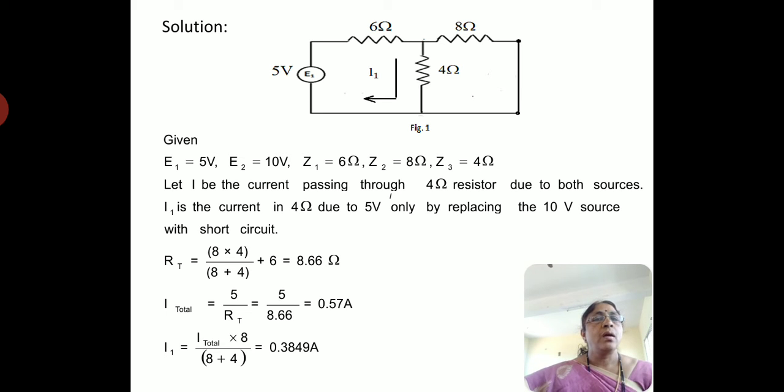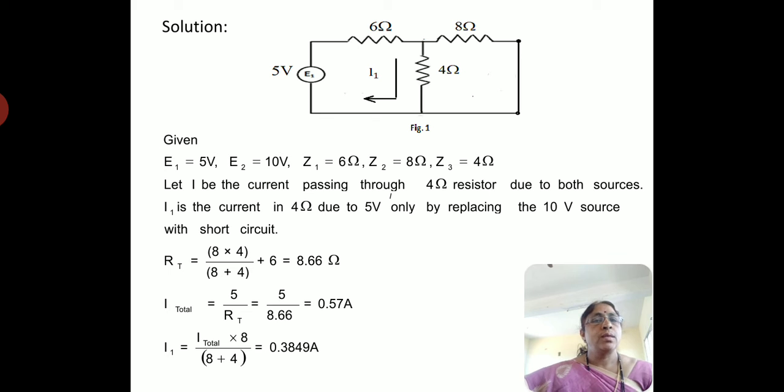Calculating the total resistance, RT is equal to 8 into 4 divided by 8 plus 4, plus 6, that is equal to 8.66 ohm. Now I total is equal to 5 divided by R total, as voltage divided by the total resistance. This is 5 divided by 8.66, equal to 0.57 ampere. This is the total current passing through the circuit.